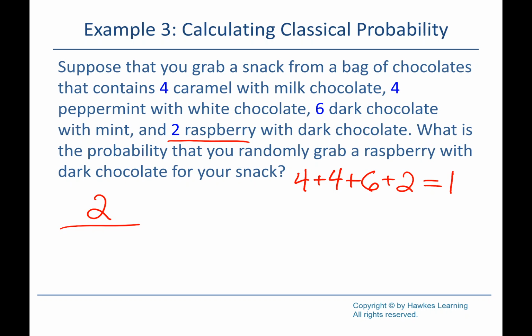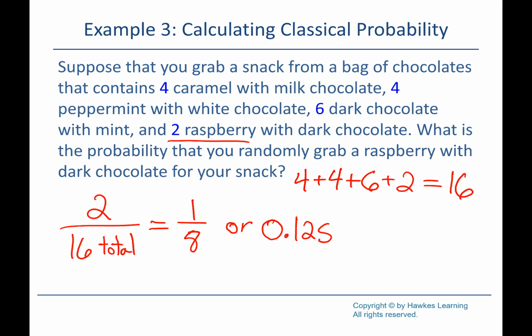So 16 total. So our probability here is 2 out of 16, or in lowest terms, 1 out of 8, or 0.125, or 12.5% chance.